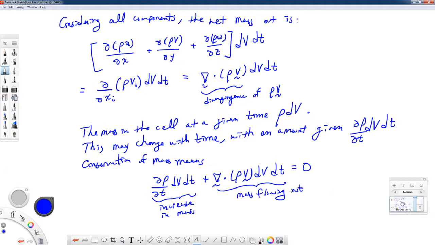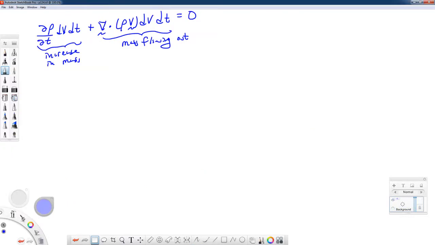Okay, so we've talked about the Eulerian description. We have a fixed cell in space, and we watch things that flow past it. So there are a few interesting things that we can do with this.